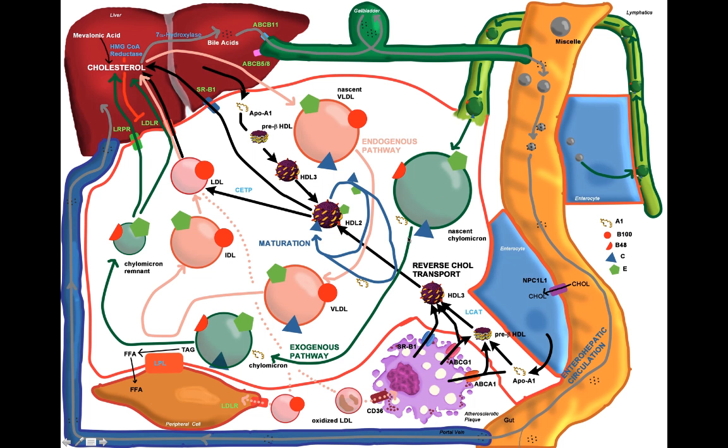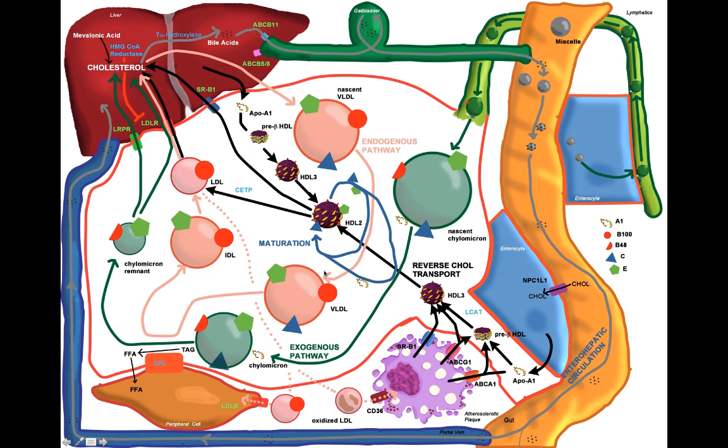The chylomicrons, which predominantly have a lot of triglycerides, then drop off triglycerides to the periphery because lipoprotein lipase releases the triglycerides to free fatty acids and allows those fatty acids to be taken up as nutrition. So now these chylomicrons are chylomicron remnants, and they can deposit residual triglycerides and cholesterol to the liver. So that's called the exogenous pathway, and that's shown here in green.